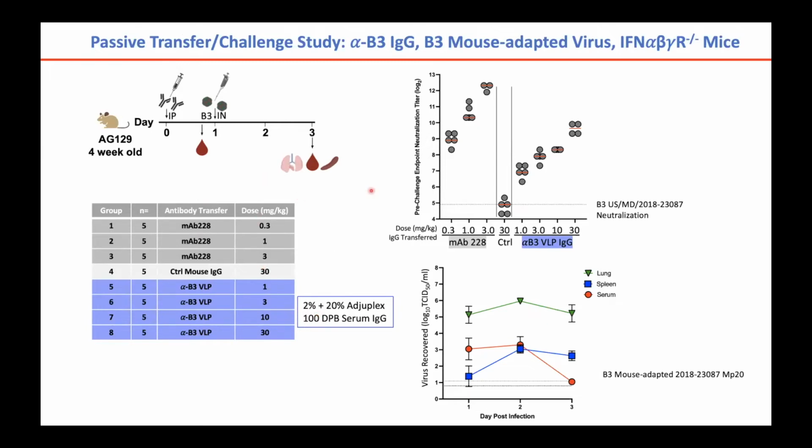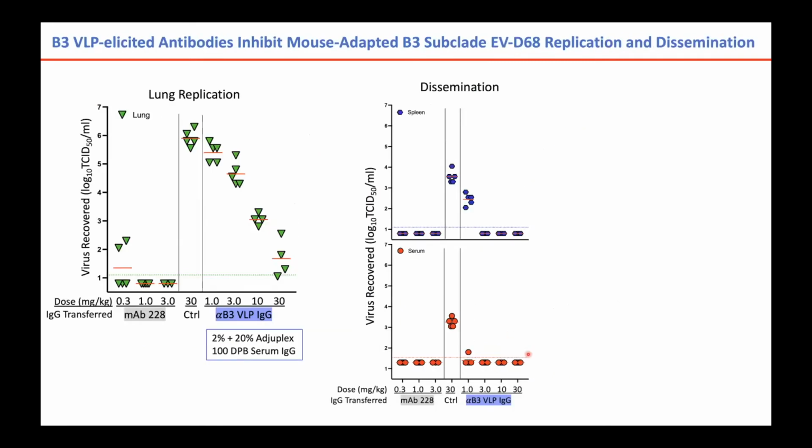We saw that all of these mice did have EV D68 specific antibodies after the passive transfer, and we challenged them with a B3 mouse-adapted virus that grows to high titer in the lungs and disseminates to the spleen via the blood.